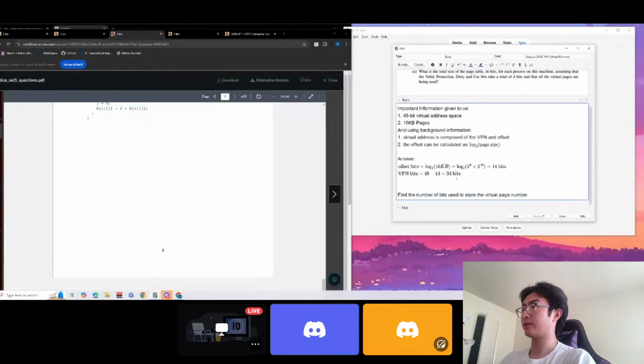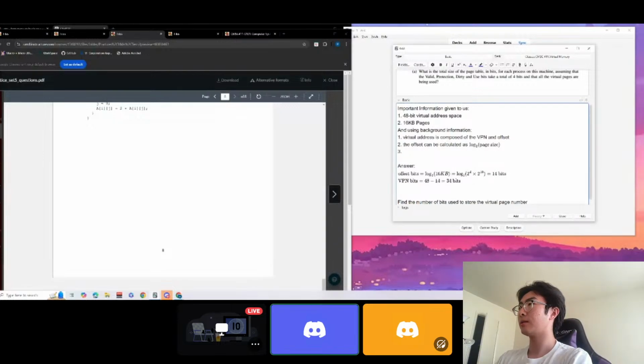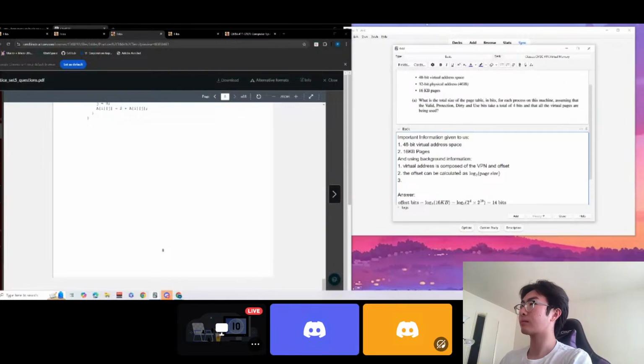So this means that the page table, what does it store, right? So the page table stores the VPN. It also stores control bits, so this is the valid, protection, dirty, and use bits. And then also the physical frame number, right?